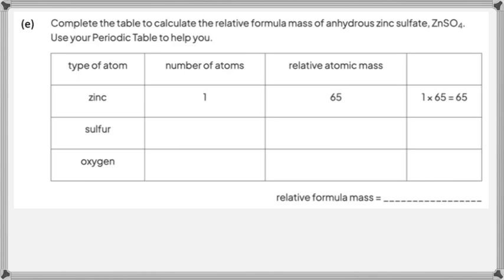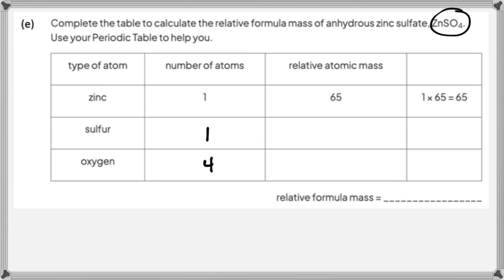And then for letter E, complete the table to calculate the relative formula mass of anhydrous zinc sulfate. Use your periodic table to help you. The number of atoms in zinc sulfate: zinc is 1, sulfur is 1, oxygen is 4. What's the relative atomic mass?